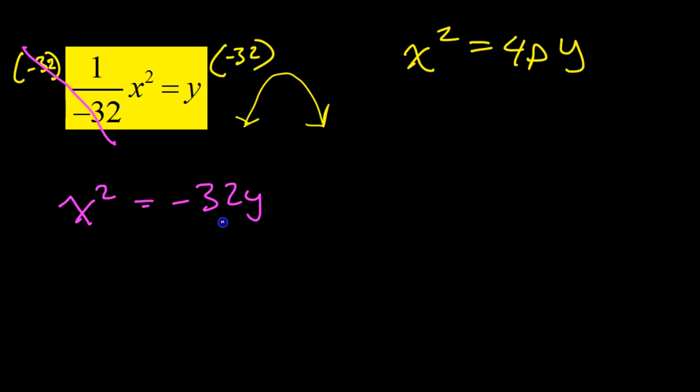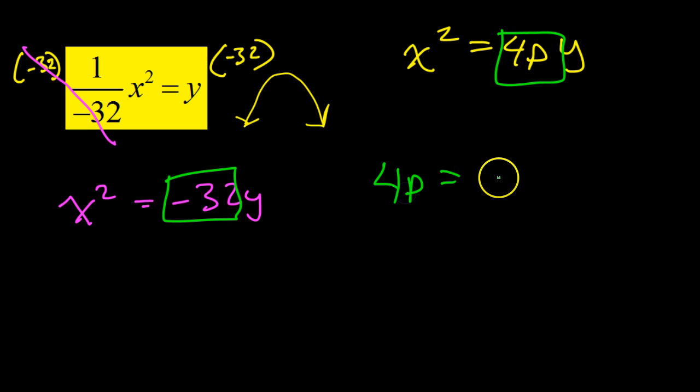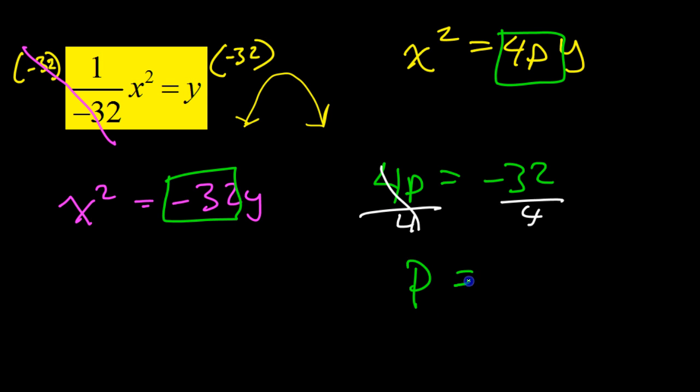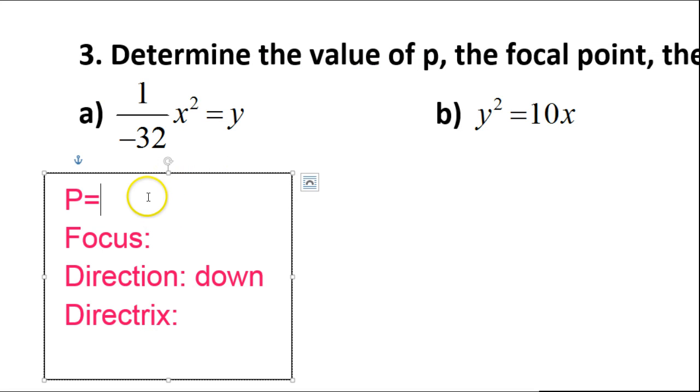Okay, so this -32 is the 4p. So in other words, 4p is equal to -32. If we divide both sides by 4, that's going to give me p is equal to -8. So p is -8.